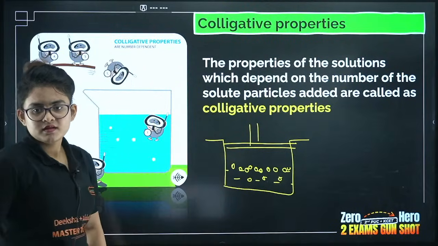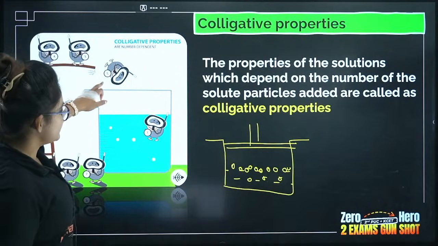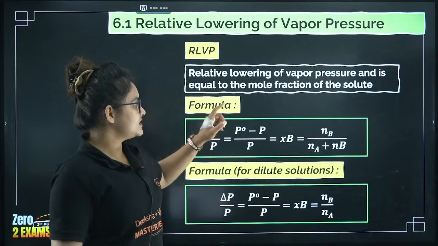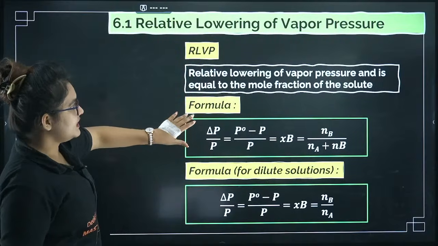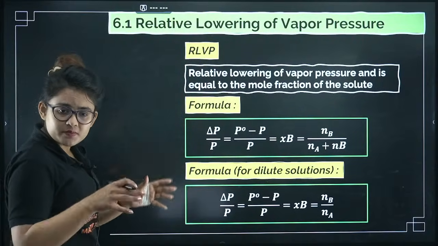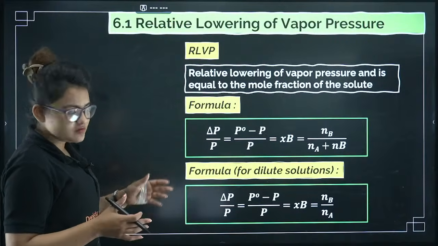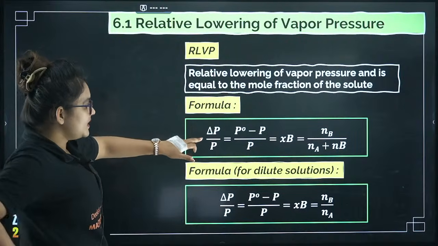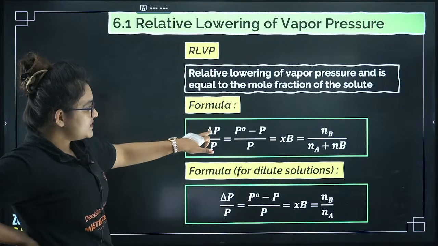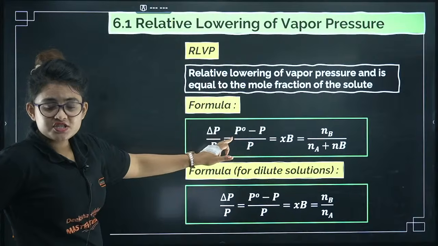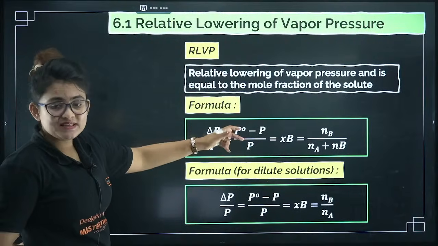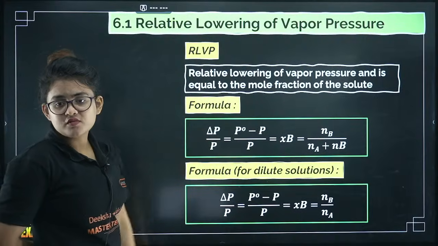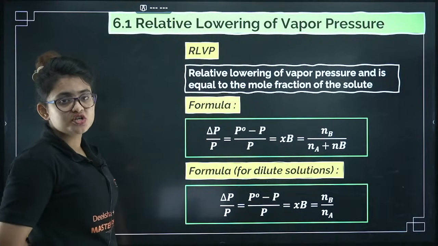Okay, let's proceed. The first one is the relative lowering of vapor pressure. Here you can see the formula. As I told you, the vapor pressure will be lowered, so that is the relative lowering of vapor pressure, basically delta P by P. Delta P is P0, the pressure of the pure solvent, minus P, divided by P0, and that is equal to X of B, the mole fraction of the solute.